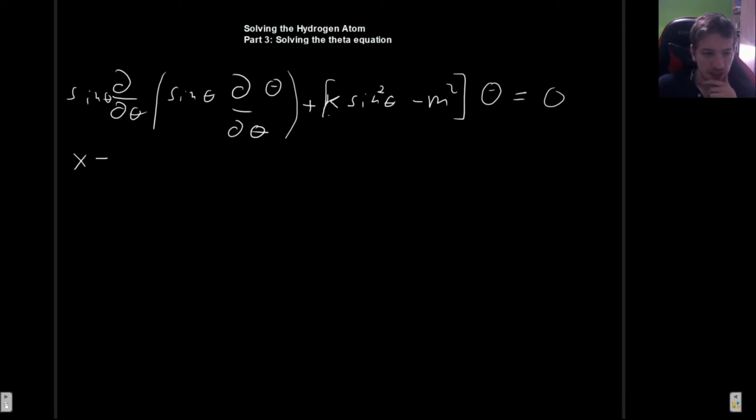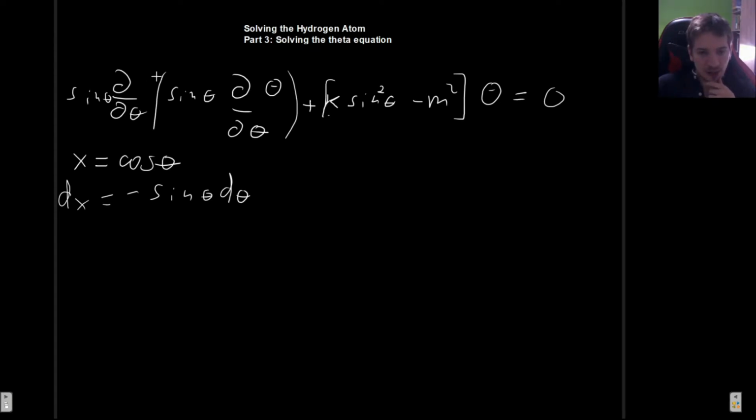So for now, let's just say x is equal to cosine theta. Now, this is a trick, to be honest. So if you wouldn't have thought of that, don't worry. I wouldn't have either the first time I saw this. This is a hard equation, so don't worry about it. So the differential here would be minus sine theta d theta.